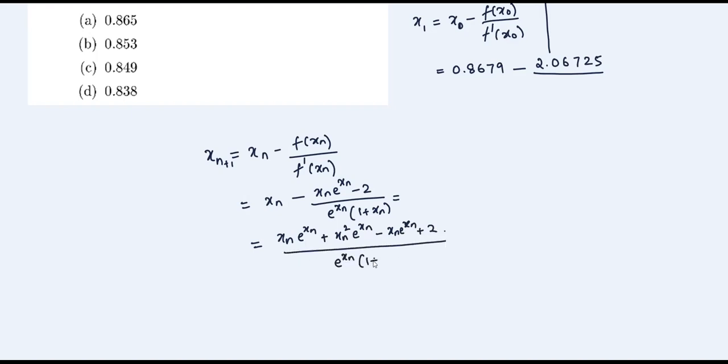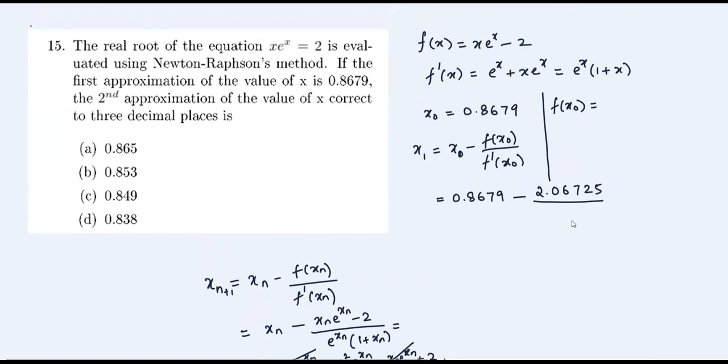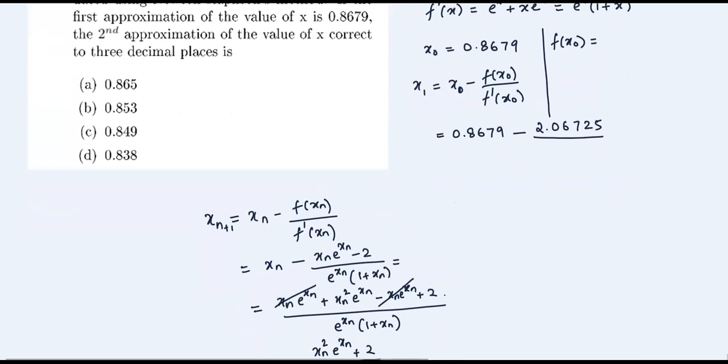I think it's still more complicated than the earlier one. Okay, let's do like this.